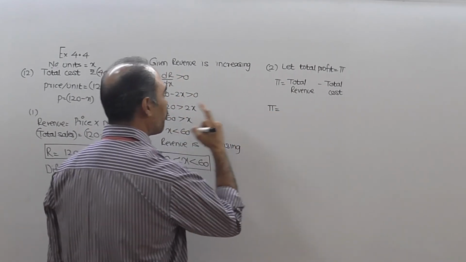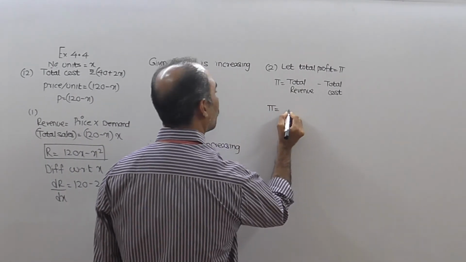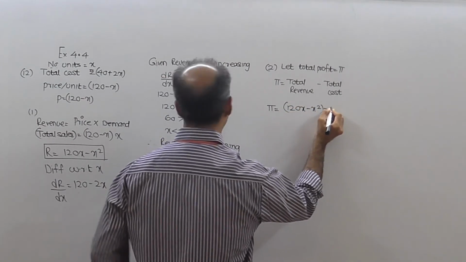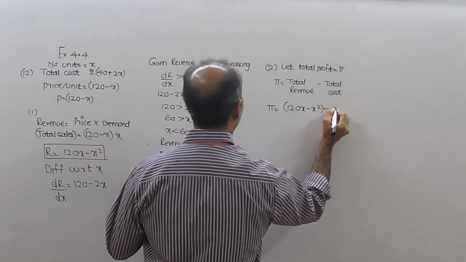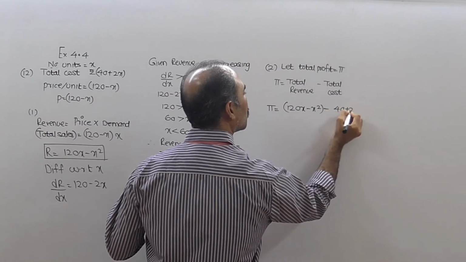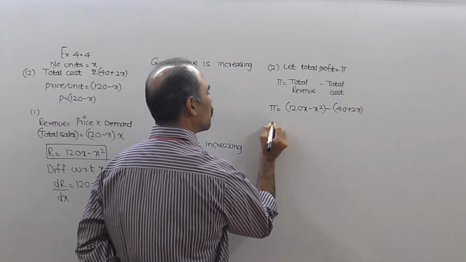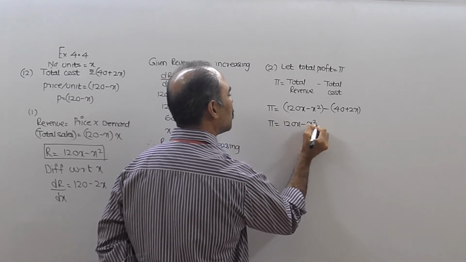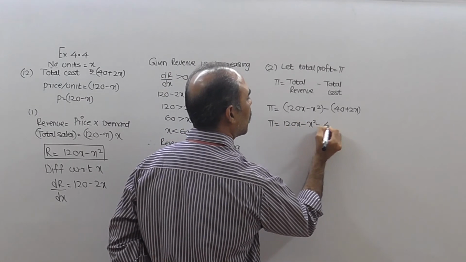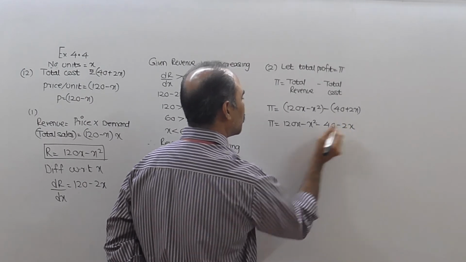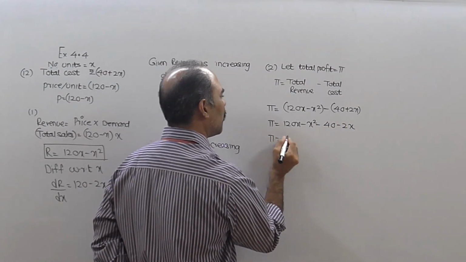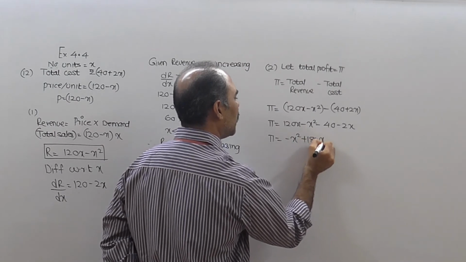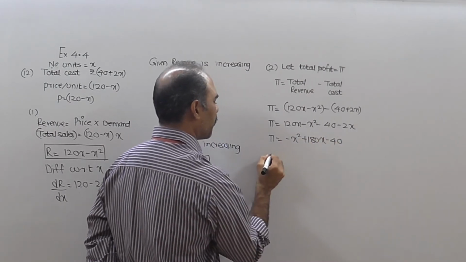So pi will be 120X minus X square minus 40 minus 2X. So we'll have pi equal to minus X square plus 118X minus 40.